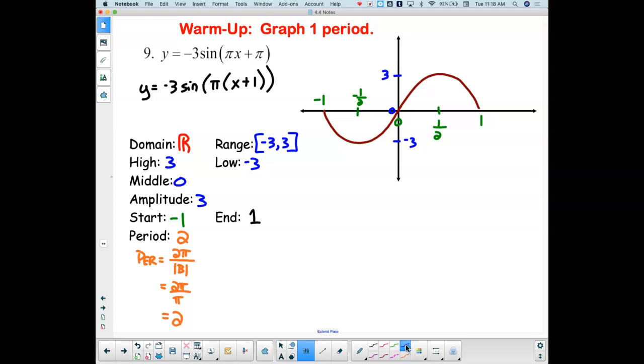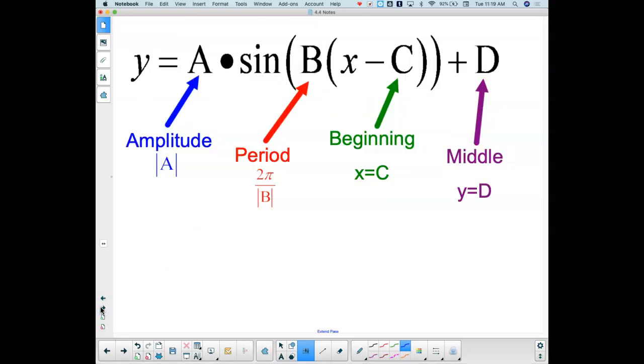Questions, comments, concerns, onomatopoeias? Good? Okay. So, today then, we're going to do the fourth one, which is our D value. So our D value moves the middle.